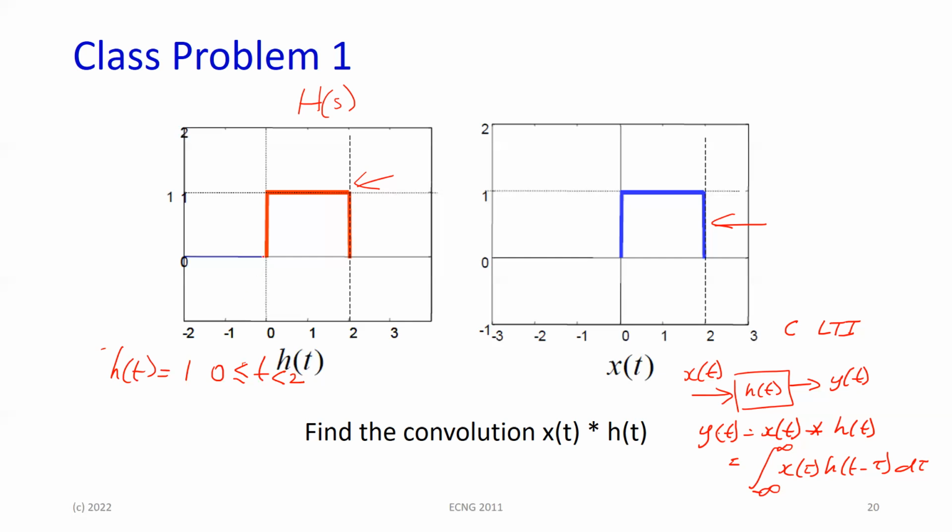Once t is greater than or equal to 0, h becomes 1. And it changes again at t equal to 2. So just before t is equal to 2, which is t less than 2, it is still 1. And then right at t equal to 2, it will now become 0. And it's equal to 0 elsewhere. Everybody following with that? You okay with that?